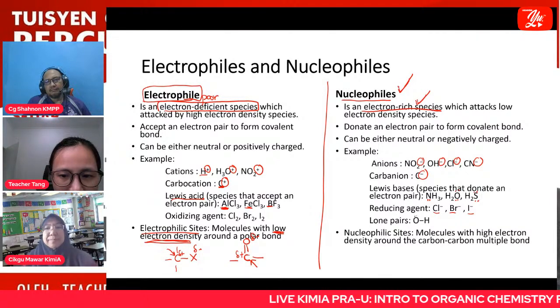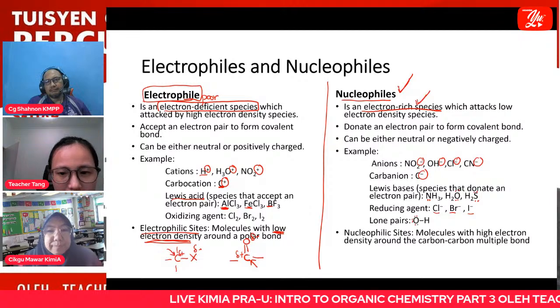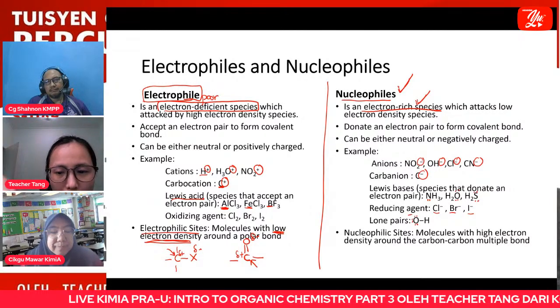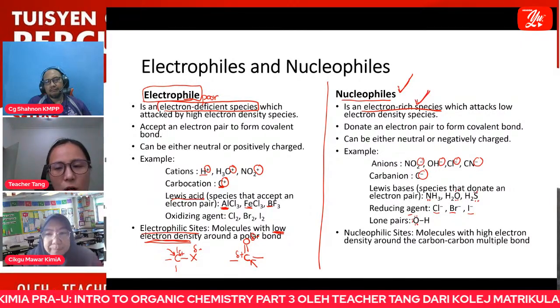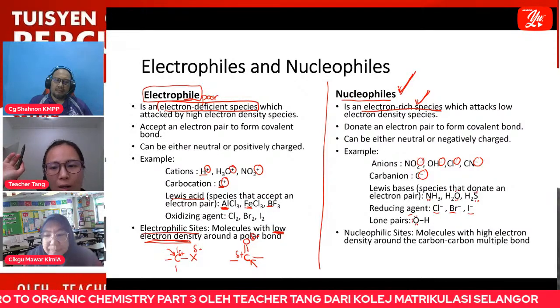Those with lone pairs are usually rich in electrons, so they will be nucleophiles.